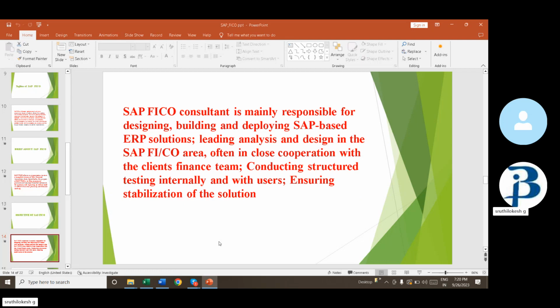The analyst's job is only particular things, like AR (accounts receivable), AP (accounts payable), creation of GL entries. Only particular parts they'll do. Coming to the end user, he needs to do the whole process, whatever we discuss further, all the parts.